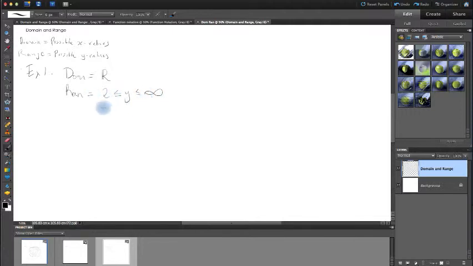Another way of writing it would be saying that y is in, so this little e-looking thing is actually the Greek letter epsilon.